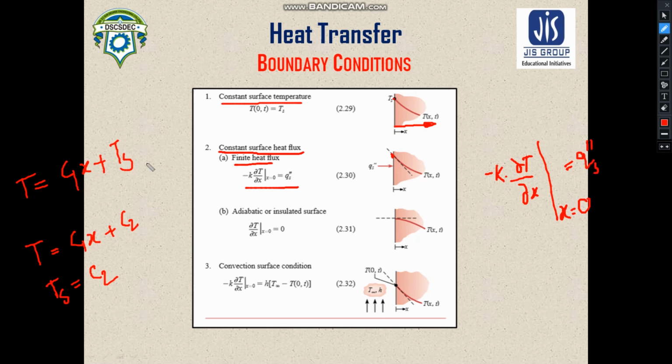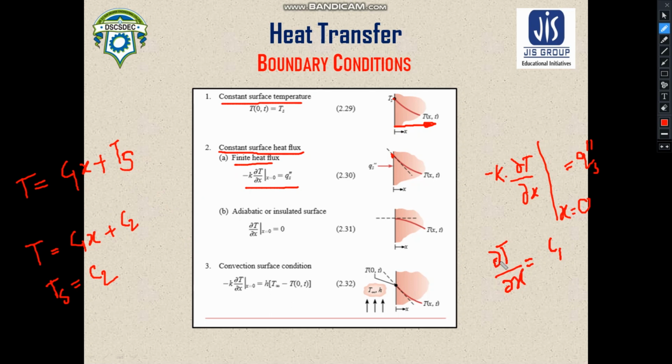If we apply this formula here, what would be the result? This dT/dx would simply be C1, because it is a term which is independent of x. So when we differentiate T with respect to x, C1 is the term we are left with.